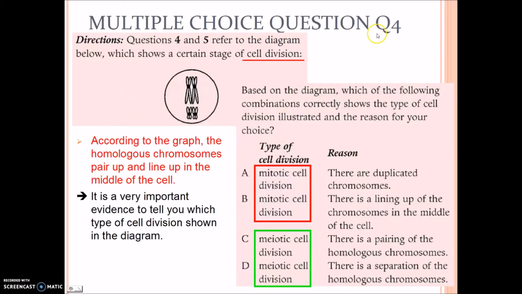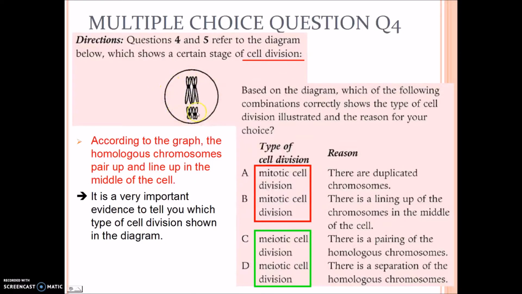So for question 4, the picture is very important, because this question does not tell you which kind of cell division is being talked about. It may be mitotic cell division, it may be meiotic cell division. And the key point is that according to the diagram, the homologous chromosomes pair up and line up in the middle of the cell.